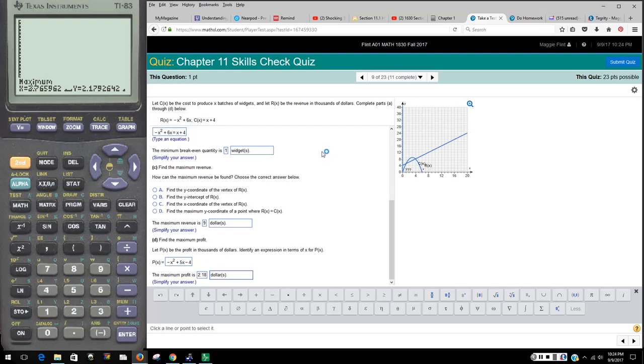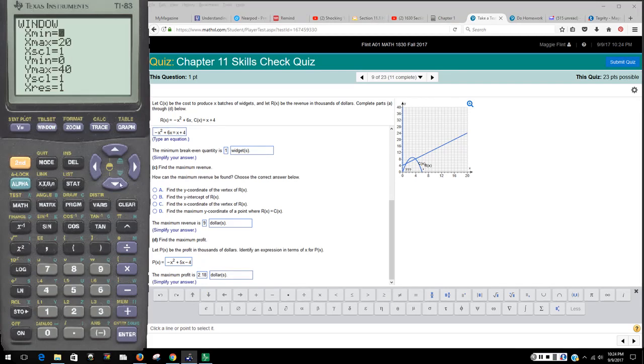And I don't know that I'm perfectly content with that, so let me actually make sure that we got the maximum here. I'm going to go back to the window, and I'm going to try to move that up a little bit. Okay, now maybe we'll actually be able to see. Now we're still not seeing it really good.